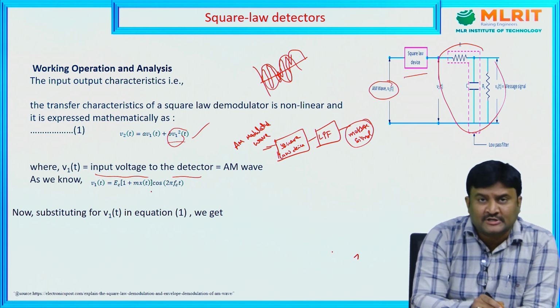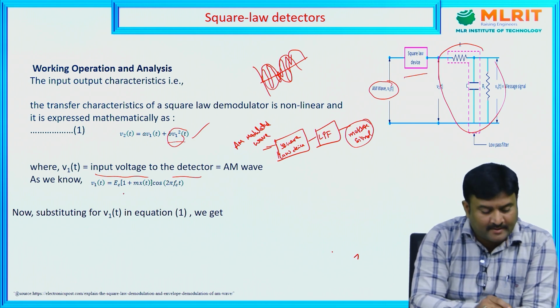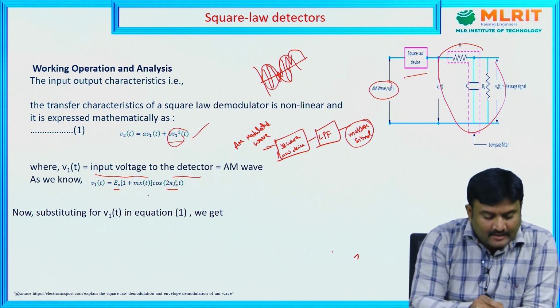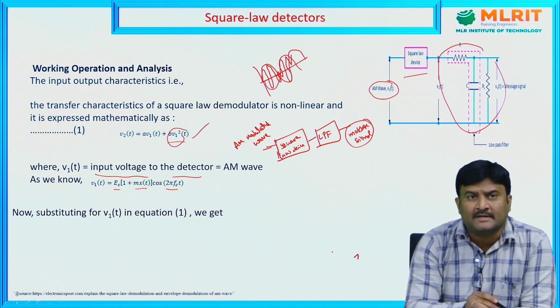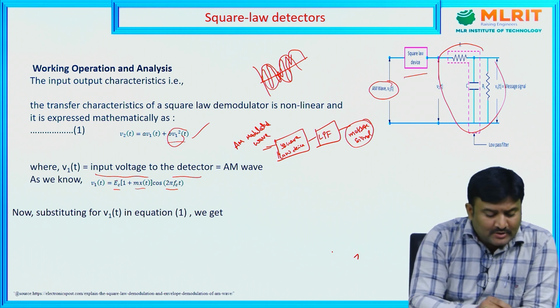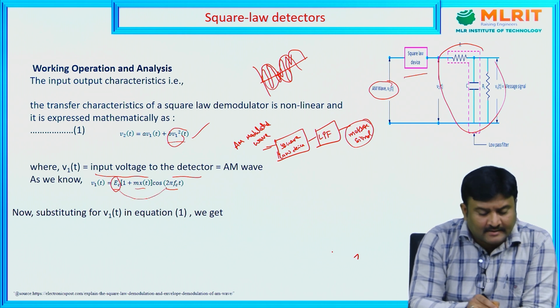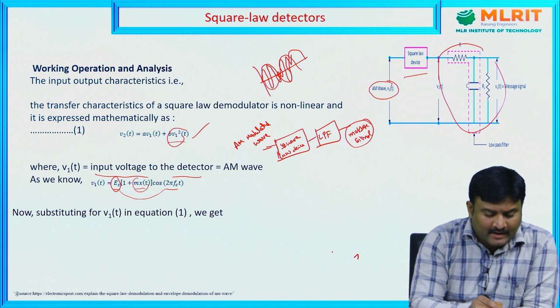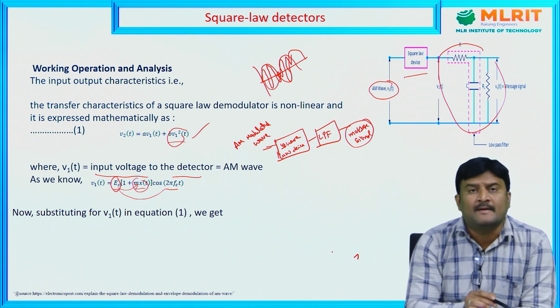The standard wave equation of the AM is Ec into 1 plus m into x of t, cos 2 pi fct. Here Ec is the carrier and x of t is the message signal. Because you know the definition of amplitude modulation: the amplitude of the carrier is varied according to the amplitude levels of the message signal.